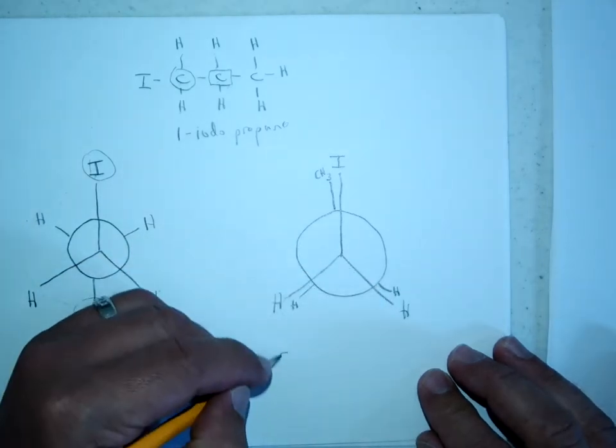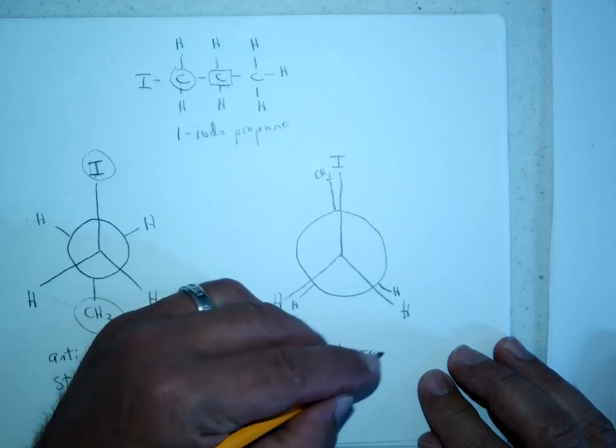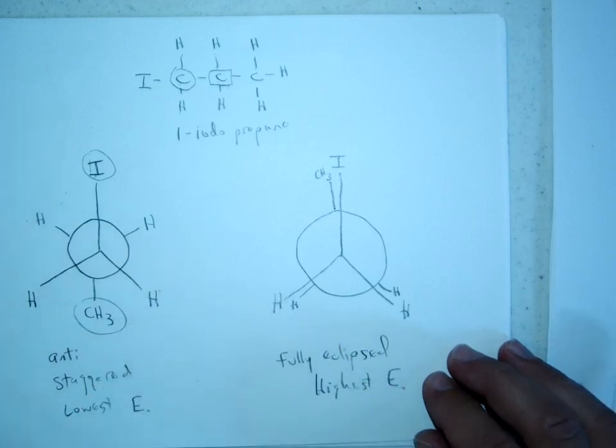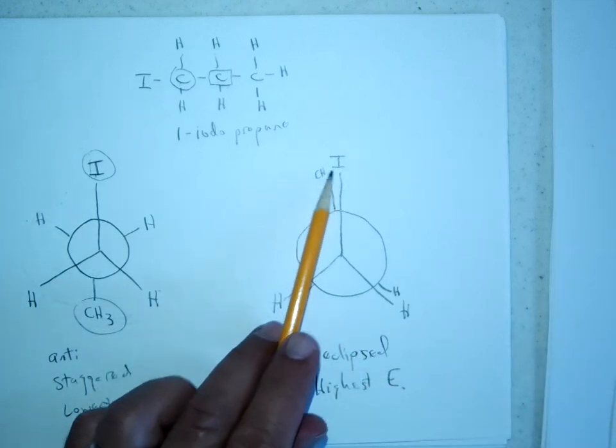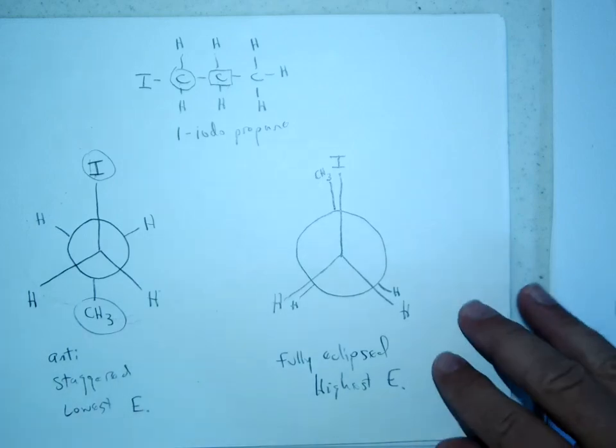So this would be the fully eclipsed, as some people like to call it, fully eclipsed and highest energy conformation, because now the two biggest groups are closest to each other and do the most bumping. So there we go, another 3 minutes, another nice answer.